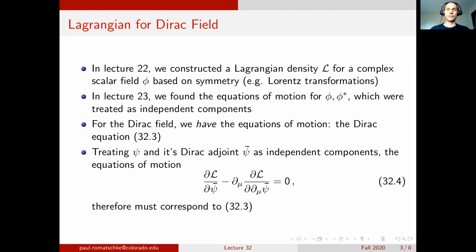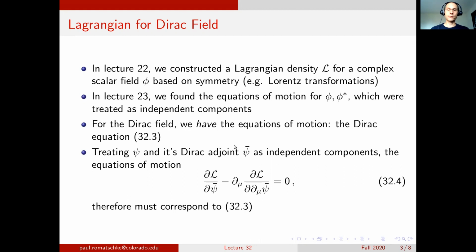If we have a complex field such as the Dirac spinor psi and its Dirac adjoint psi bar, and we treat these two as independent components, then from a given Lagrange density L, the equations of motion are given by essentially the same formula that we had for the scalar fields in lecture 23, except that we exchange all the fields phi with the fields psi and psi bar.